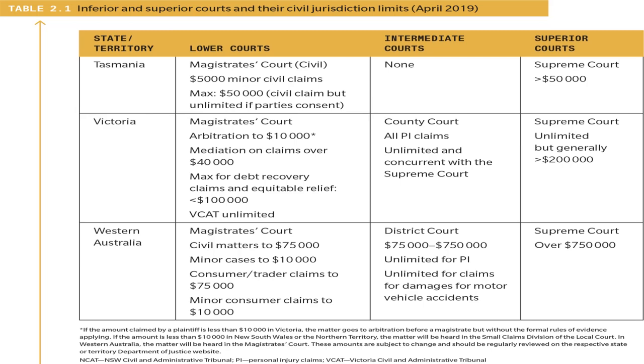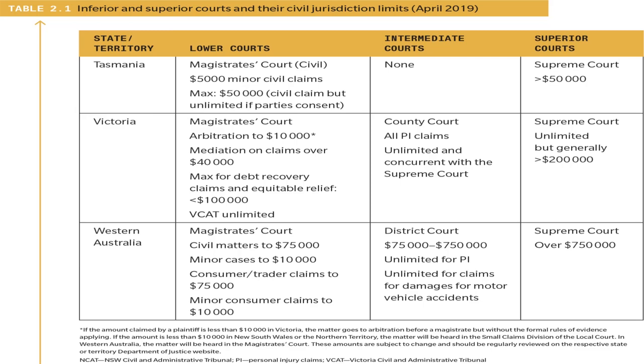Any civil case where the plaintiff is asking, say, $40,000 remedy, a magistrate court has the jurisdiction. A magistrate court in Western Australia has the power to hear that civil case.